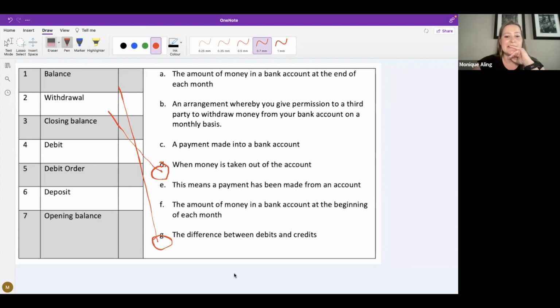Good. Just Linda, well done. Okay, so closing balance is the amount of money in a bank account at the end of each month.